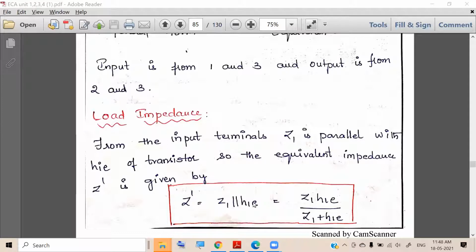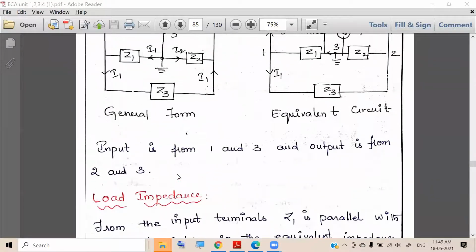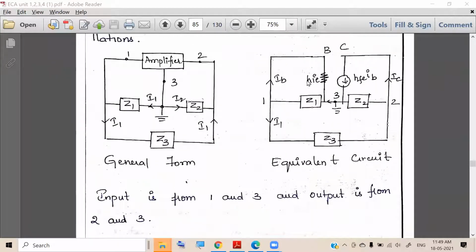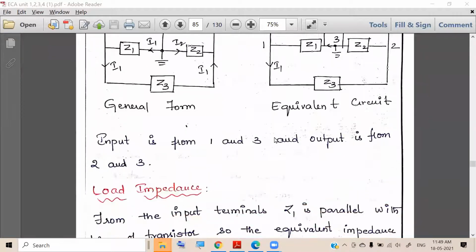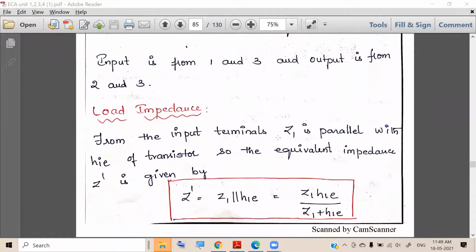Same formula. So the Z1 HIE parallel combination is nothing but Z1 into HIE by Z1 plus HIE, and we are calling it Z dash. This parallel combination we are simply giving a new name, Z dash. Then let us proceed further.